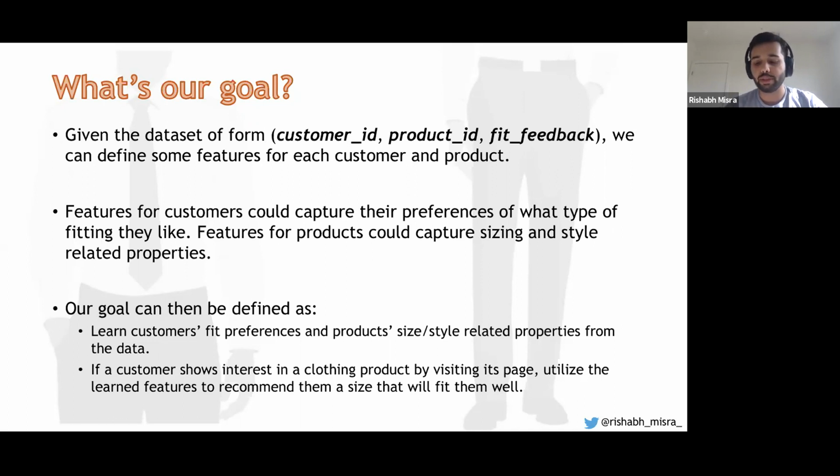For shoes, it could be length or width. For shirts, it could be more than length or width, across different dimensions. Once we define such features, our first goal is to learn such features from the data.